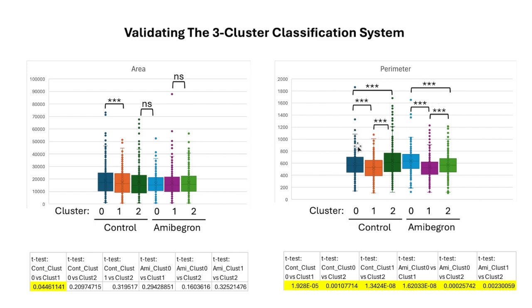But when it came to perimeter, there was a lot of statistical significance between these 3 clusters, for control and amibagrin. This makes sense because when we consider the shape of the muscle fiber cross sections, the complexity of the muscle fiber is actually in how jagged the edge is, and more jagged edges would affect perimeter more than area.